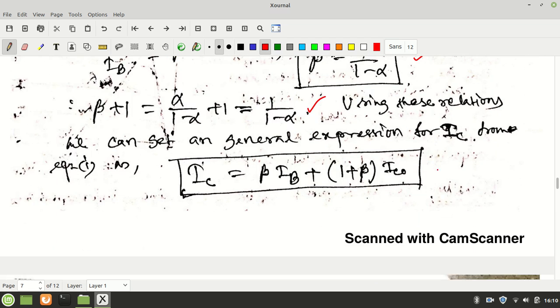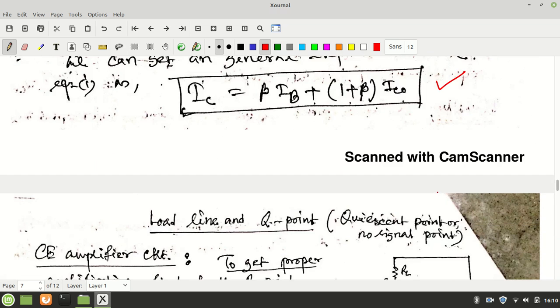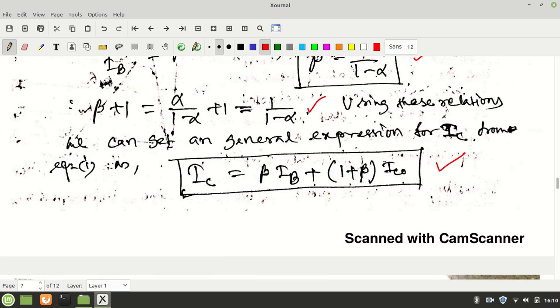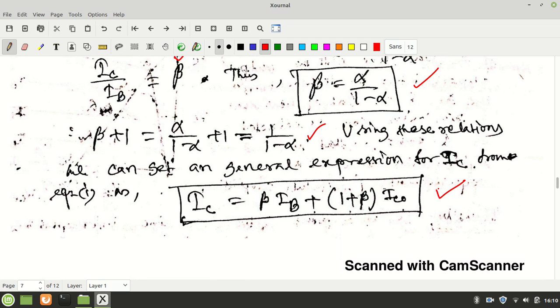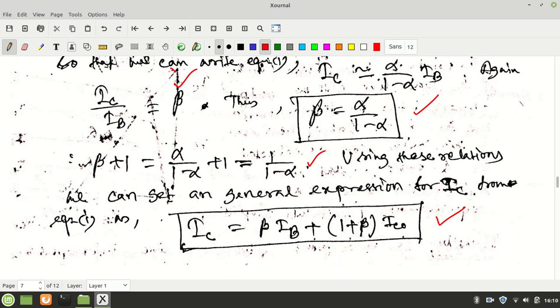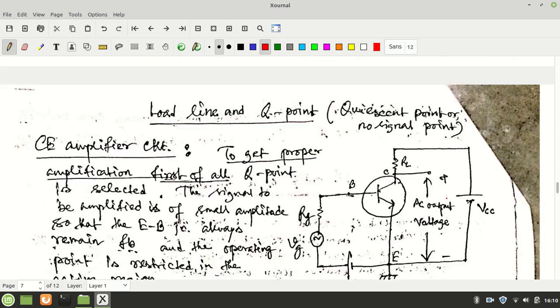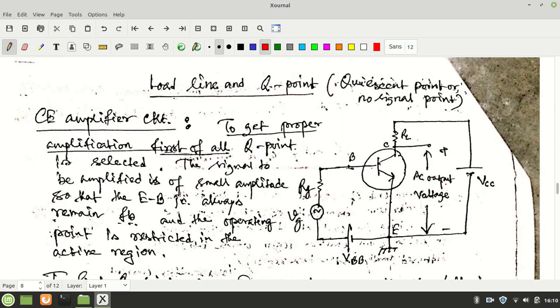Without any assumption, you can write it like this, and this form of the equation should be remembered because it is a very useful equation. In my next lecture I will discuss biasing. Biasing will be starting in my next lecture.